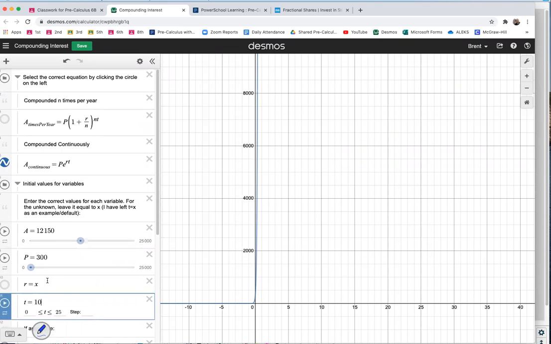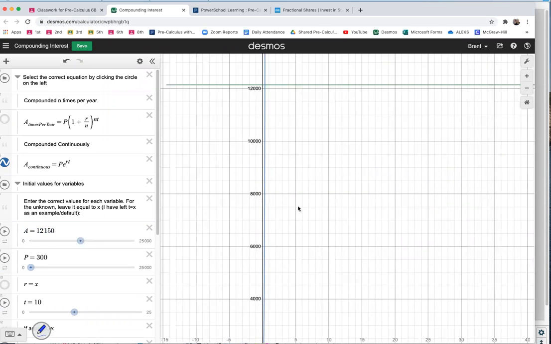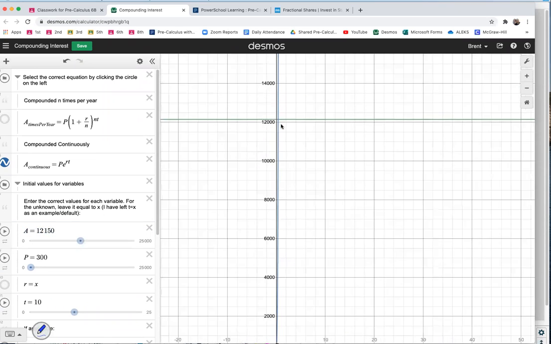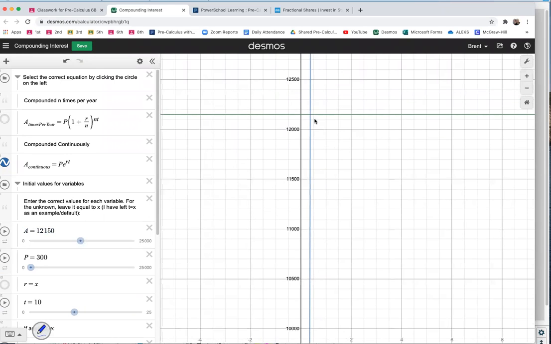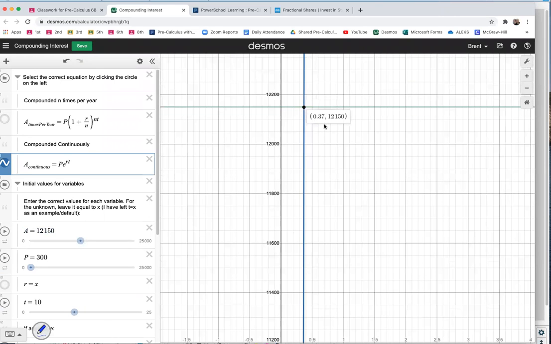The way you find your solution is you take your y-axis to this amount right there. That's where the intersection will be. Our answer is going to be where at 12,150. So I'm going to just scroll on up, and you can see right there, I have an intersection, 12,150. The answer is 0.37. That's the growth rate.